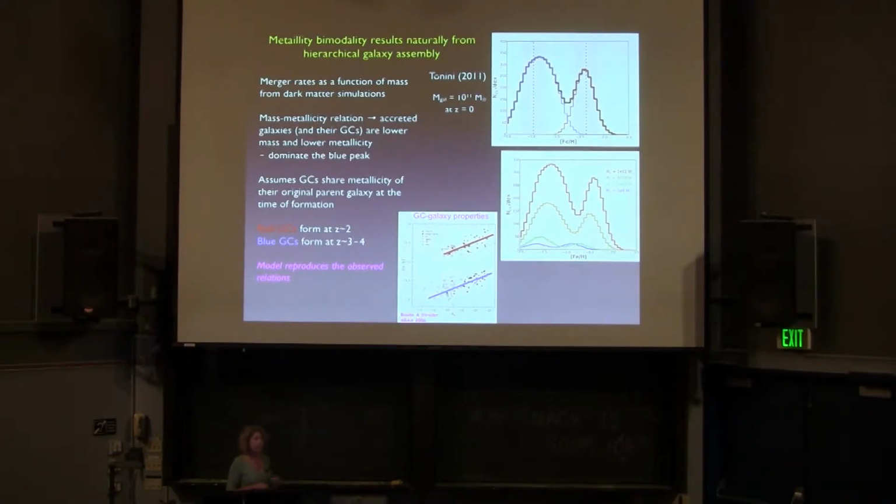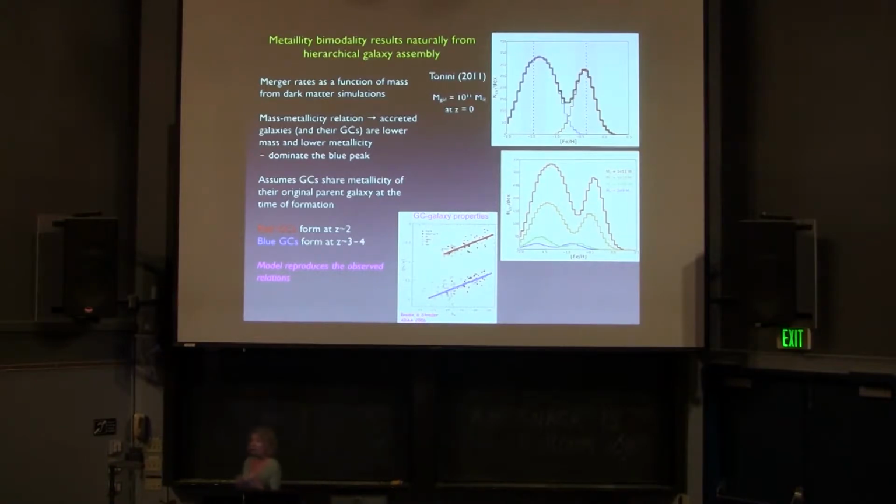So very recently, at the end of 2011, Chiara Tonini showed that the bimodal distributions that we see come about naturally as a result of hierarchical merging, hierarchical galaxy assembly. And this is just a consequence of the mass-metallicity relation, if you like, where larger things are more metal-rich.